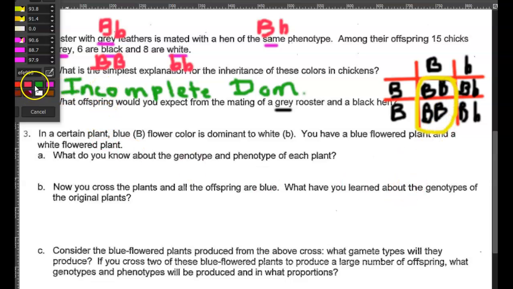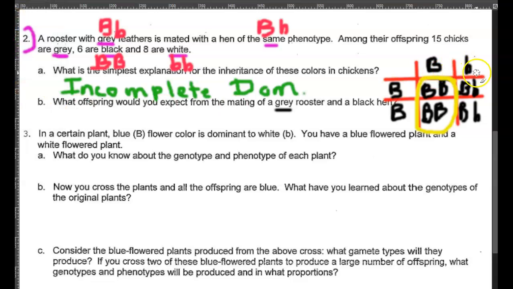So 50-50 chance. So we're going to have 50% are going to be black. And these are just the ratios of the possibilities. So we can say 2 black and 2 what? 2 gray.